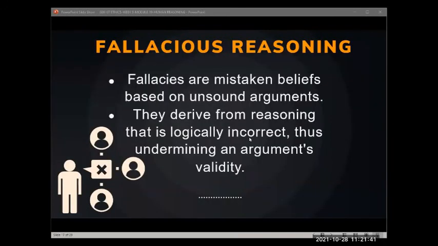Abductive reasoning can also lead to what we call fallacious reasoning. Fallacies are mistaken beliefs based on unsound arguments. They are derived from reasoning that is logically incorrect, just like abductive reasoning, thus undermining our argument's validity.